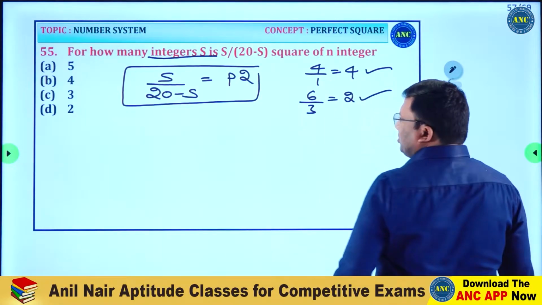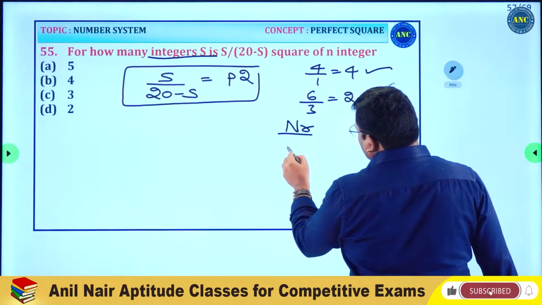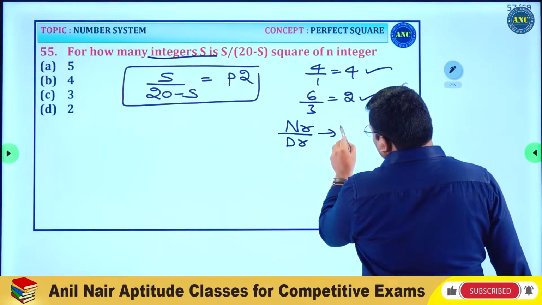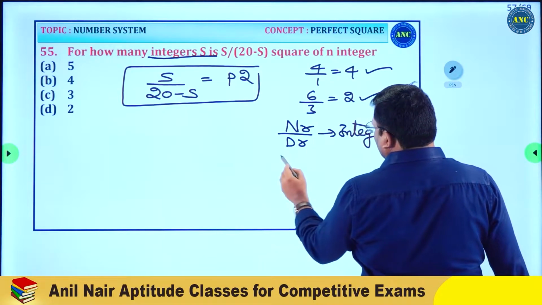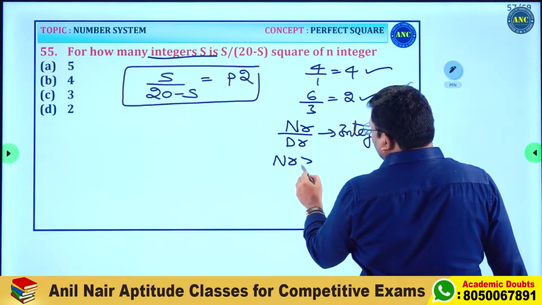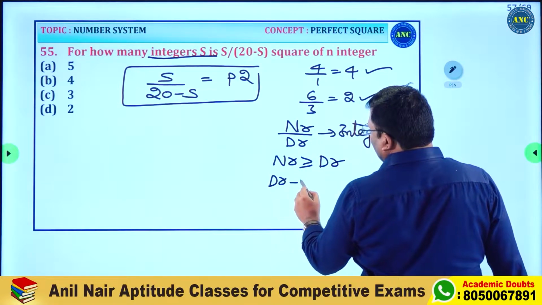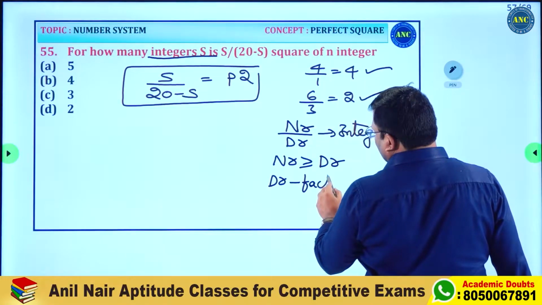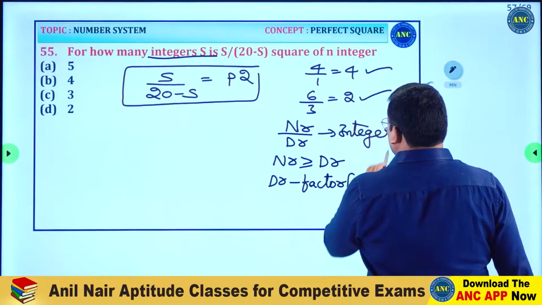It is an integer. That means numerator by denominator, for it to become an integer, the numerator should be greater than or equivalent to the denominator, and the denominator should be a factor of the numerator.